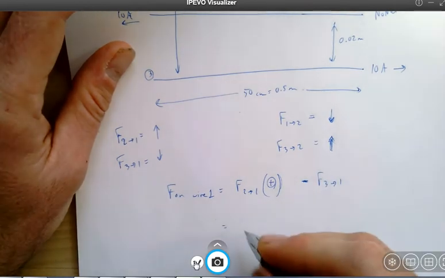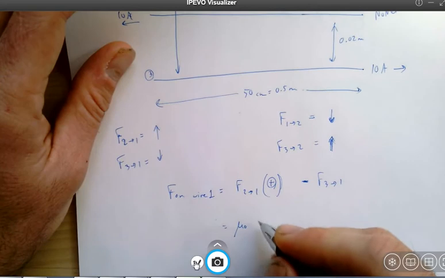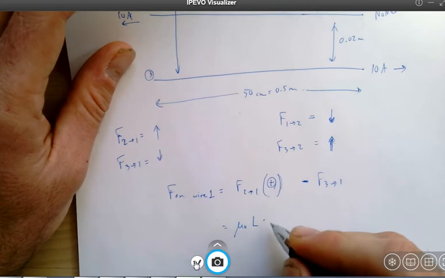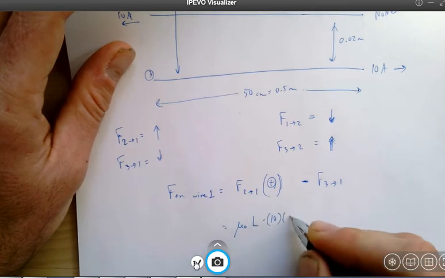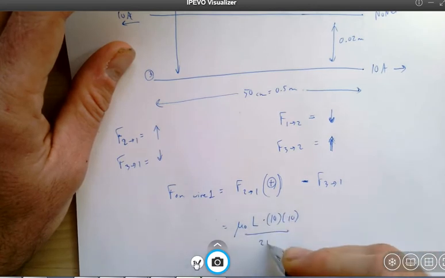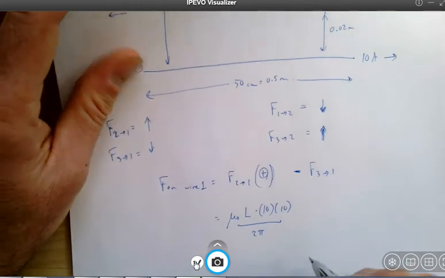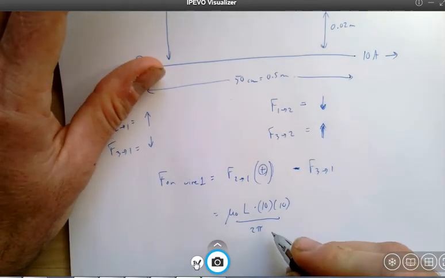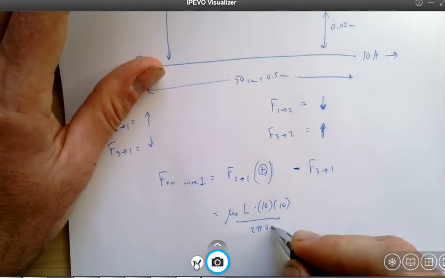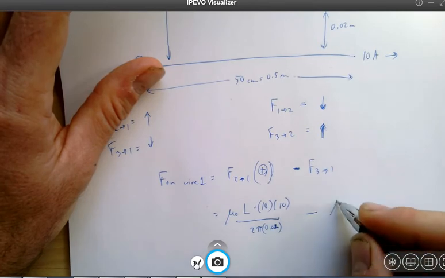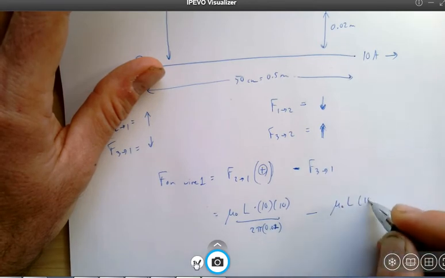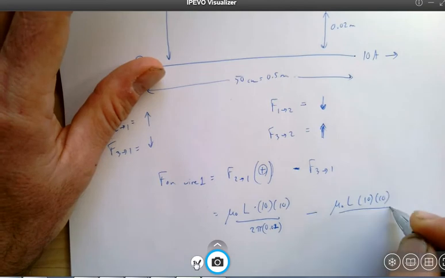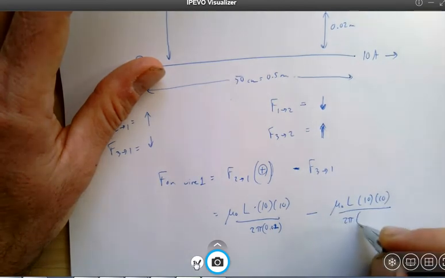And so putting this all together, this is equal to mu naught times L times I1, I2 divided by 2 pi times the distance, right? And in this case, from 2 to 1 is 0.02 meters, minus mu naught L times 10 times 10 divided by 2 pi times 0.04.